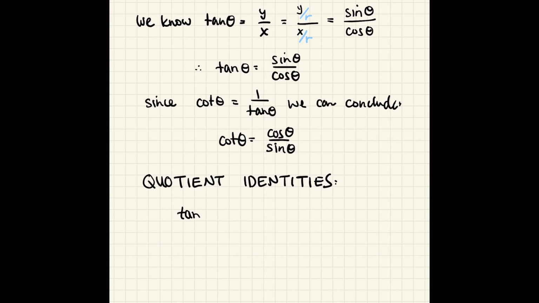Tangent of theta is sine of theta divided by cosine of theta, and cotangent of theta is cosine of theta divided by sine of theta, which means if you know both sine of theta and cosine of theta for a specific angle, you can calculate tangent of theta just by taking sine of theta divided by cosine of theta.